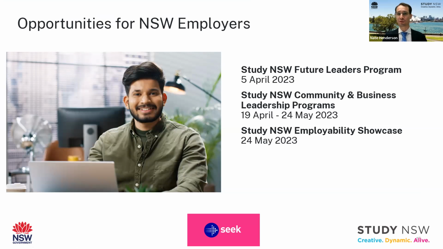And to get international students there, we're running some leadership and community programs in which community and business will be pitching ideas to the students. The students will be answering those ideas and bringing new ideas back to the challenges you might be presenting. The business program will only be open to employers who have signed up to the Jobs Connect program.